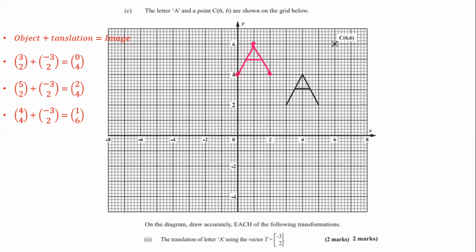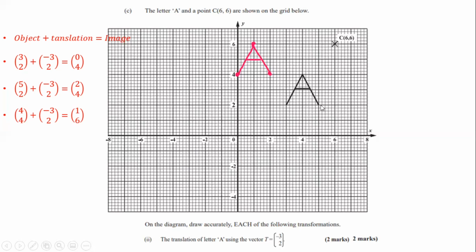It could have also been done by using the translation vector to determine the new point. So this is -3, 2. What it's saying is we're going across 3 times, so it is 1, 2, 3, and because it's +2, we're going up 2, so 1, 2.